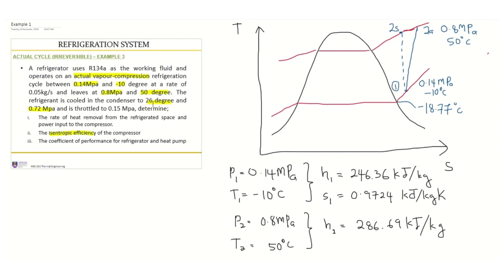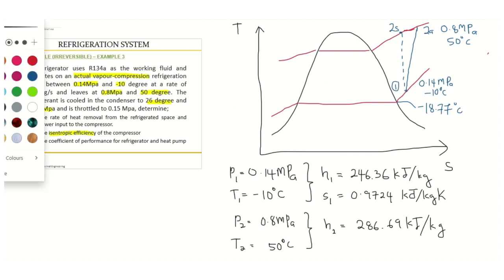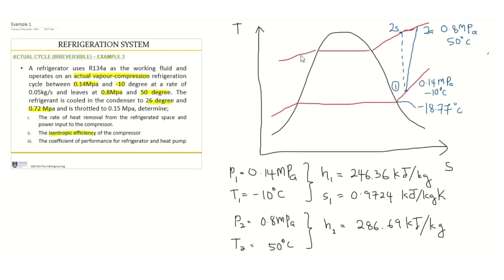So basically, state number 3 does not fall on top of the saturation line, but is lower than 31.31 degrees C, which is 26 degrees C, and at a pressure of 0.72 megapascal. So that's how we judge state number 3.